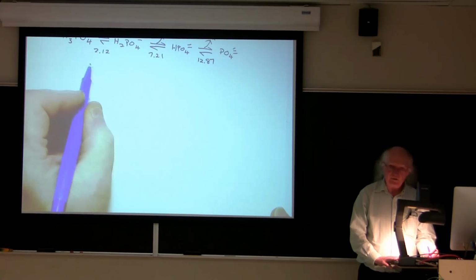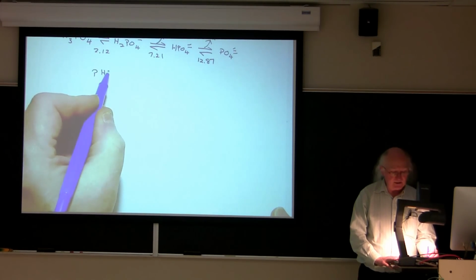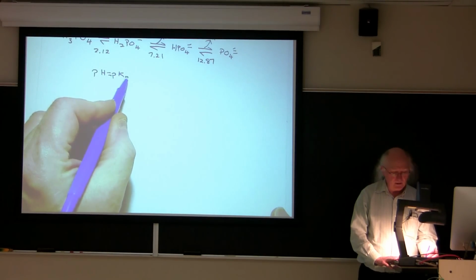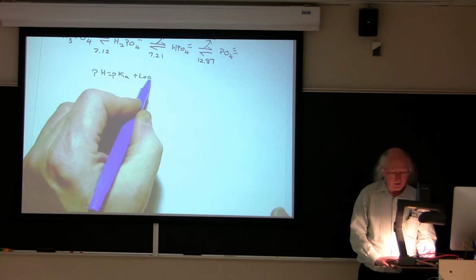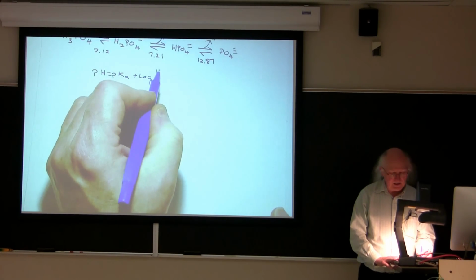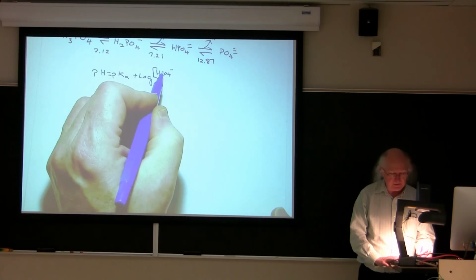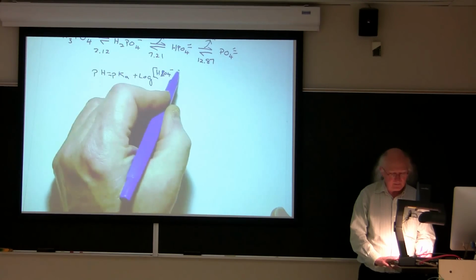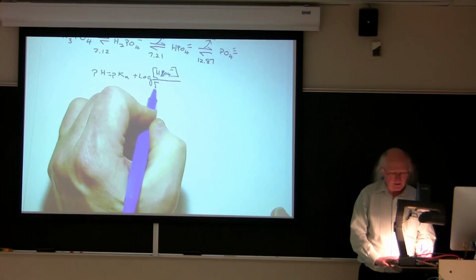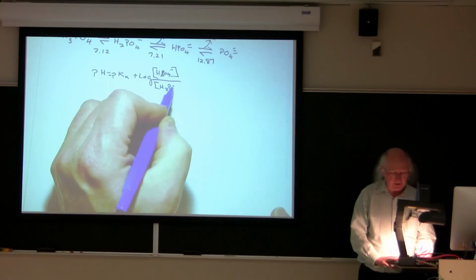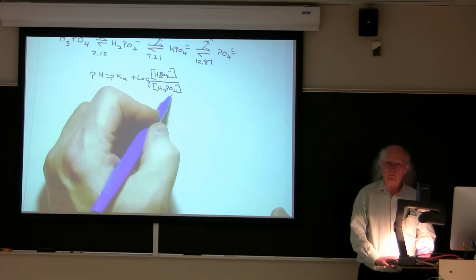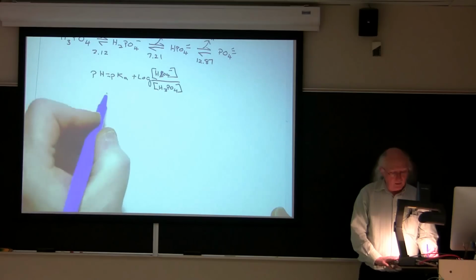So let's do that. We start with the Henderson-Hasselbalch equation that says pH equals pKa plus the log of, in this case, H2PO4 minus divided by the concentration of H3PO4, salt over acid.